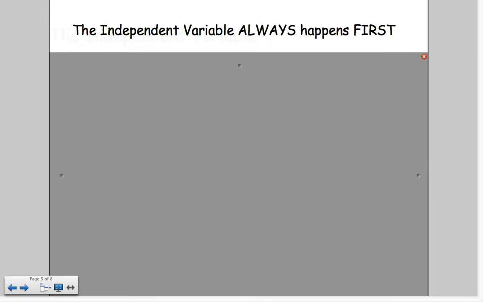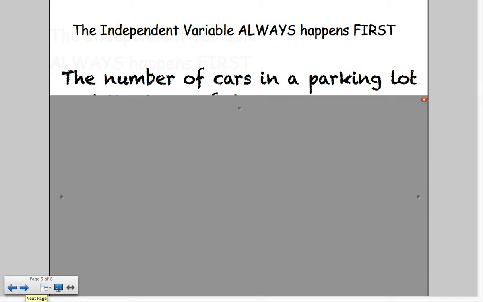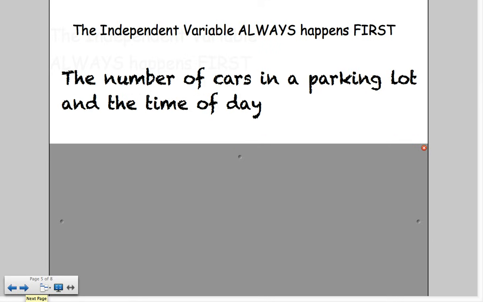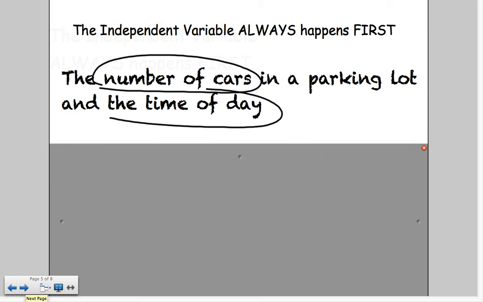All right, let's do another example here. Remember, the independent variable always happens first. The number of cars in a parking lot and the time of day. One variable is the number of cars, the other is the time of day. And think, what has to happen first before the other variable is even important? In this case, if you don't have time of day, you don't have cars.